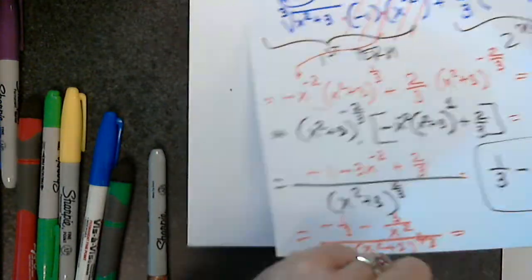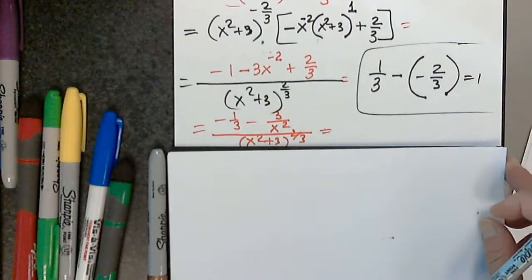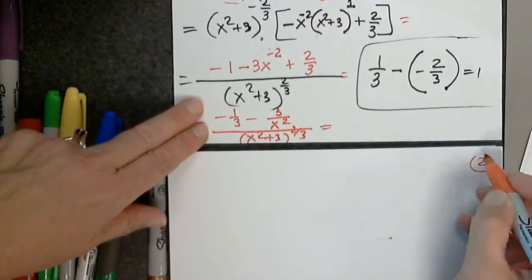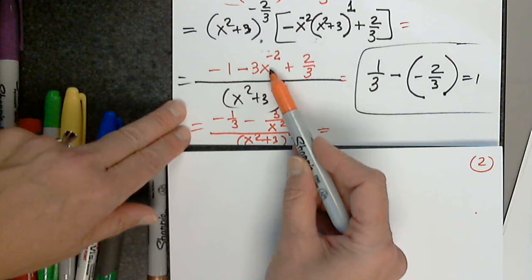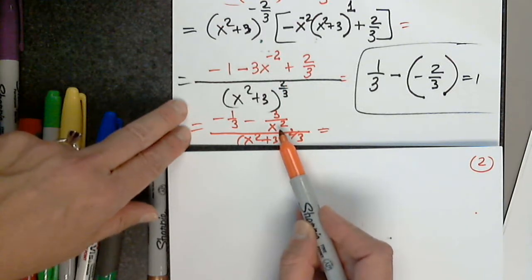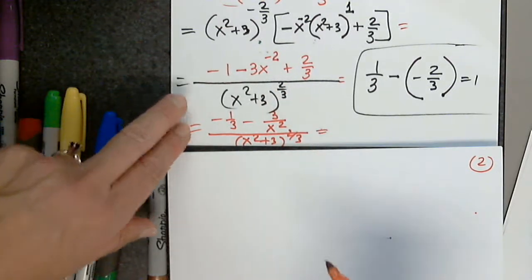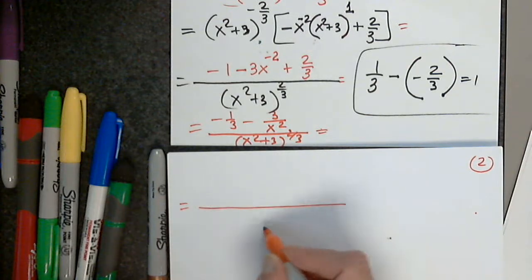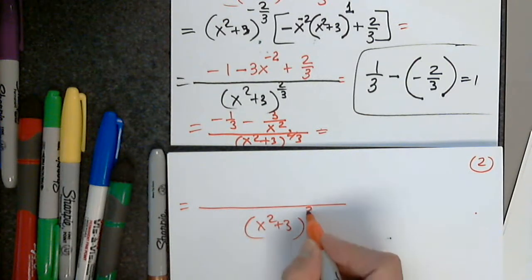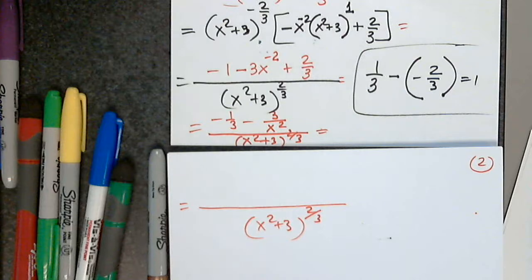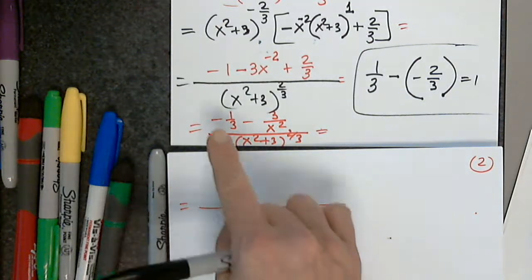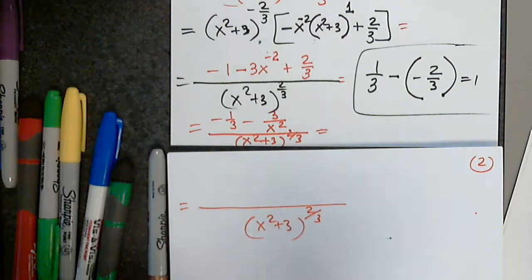Any questions so far? Can you repeat the last step? It's the negative exponent that goes to the denominator. Gotcha. Was that the question? Oh yeah. So then the least common denominator in the numerator, since both terms are negative, I would like to pull it out.